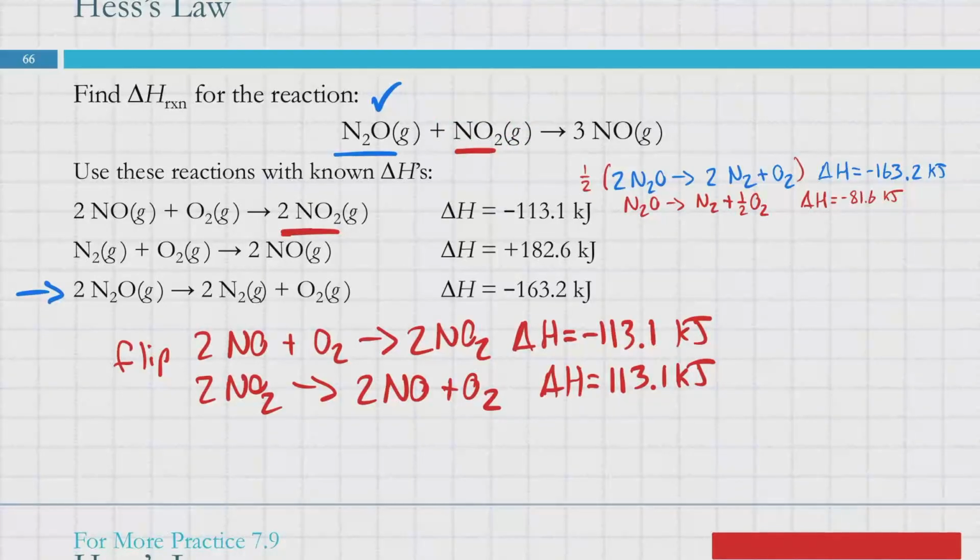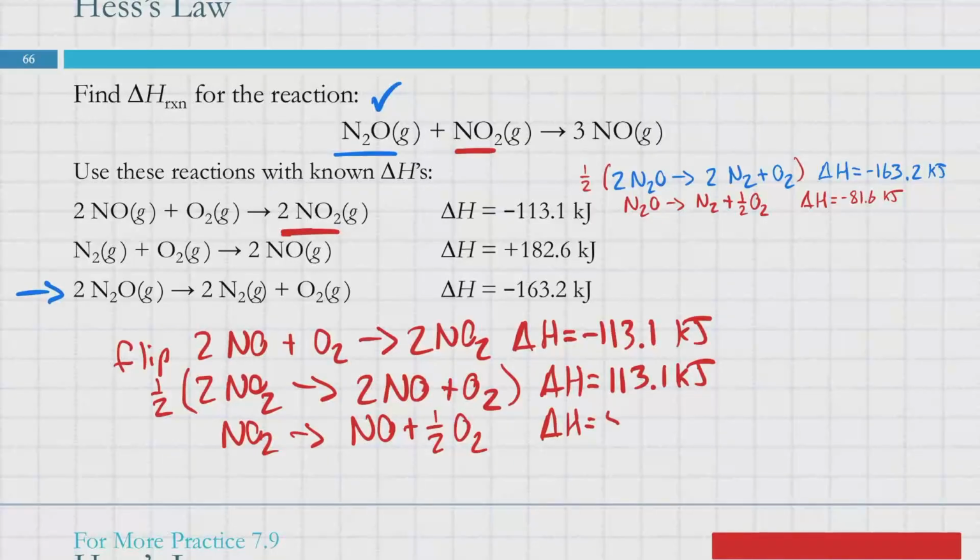So again, we have to halve it. So this is NO2 going to NO plus 1/2 O2. And our delta H gets cut in half again, and I think that's the correct math for cutting it in half.